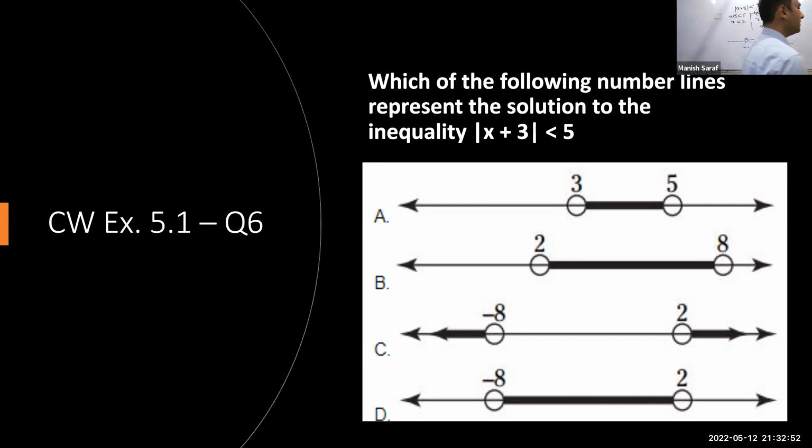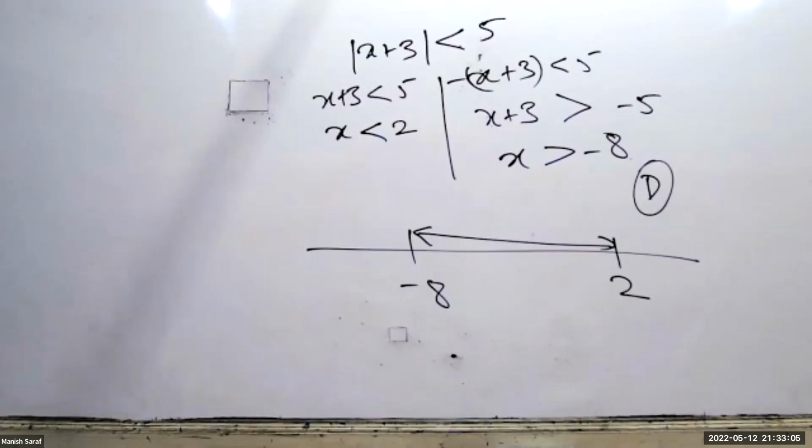Great, less than 2 and greater than minus 8. Which option? D. This is option D. अब आपने कैसे निकाला C? How come C? This is the science.